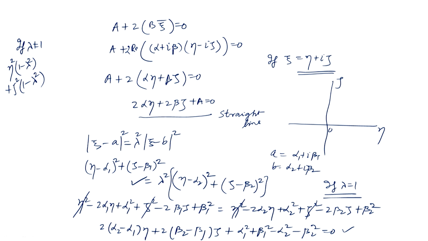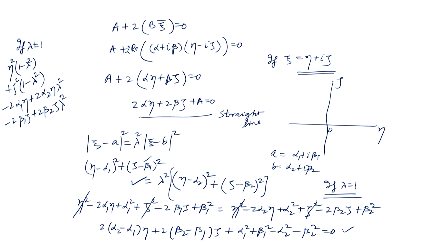We have minus 2 alpha 1 eta, and here we will get plus 2 alpha 2 eta lambda square. And then similarly we have minus 2 beta 1 zeta, and here we will get plus 2 beta 2 zeta into lambda square.